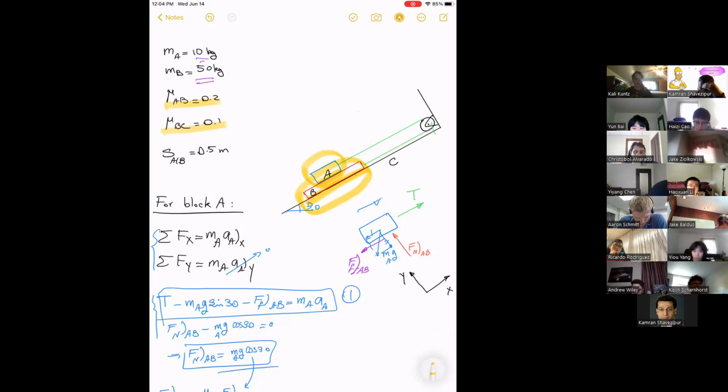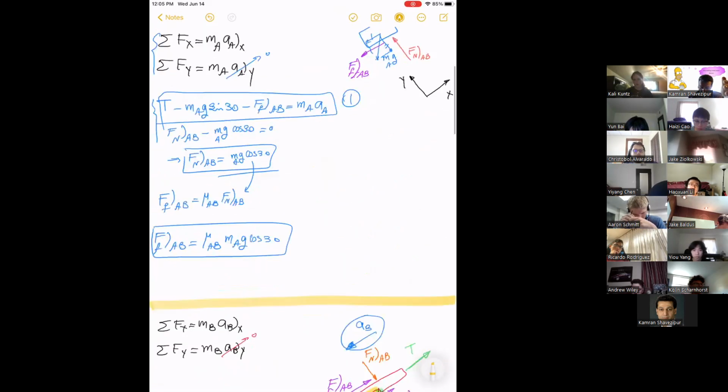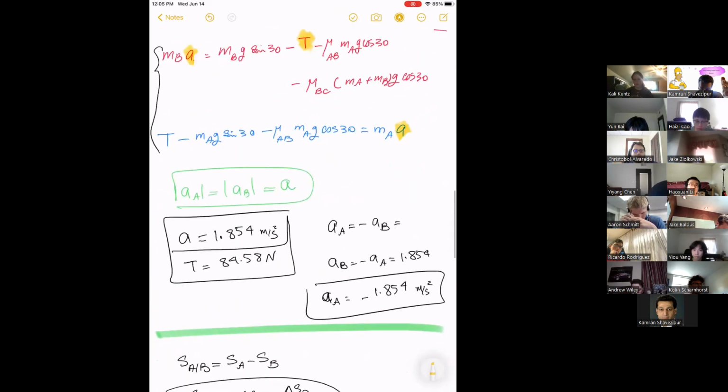We wrote the equations, we simplified them. Then we came back to the point that we need one more equation to find the unknowns. Then we used the constraint motion between the two. And using this constraint, we developed a relation between delta AB and AA, right? They're technically equal in opposite direction.